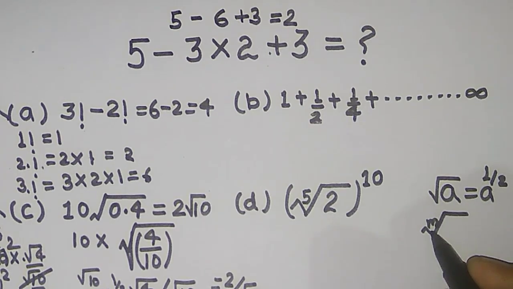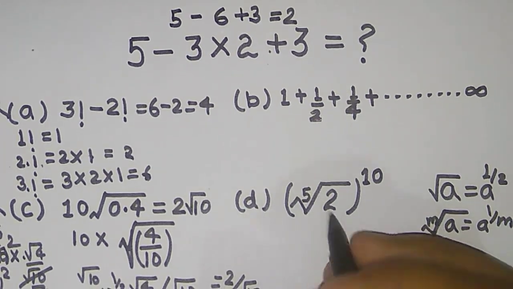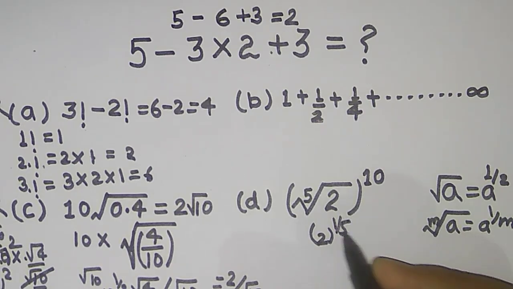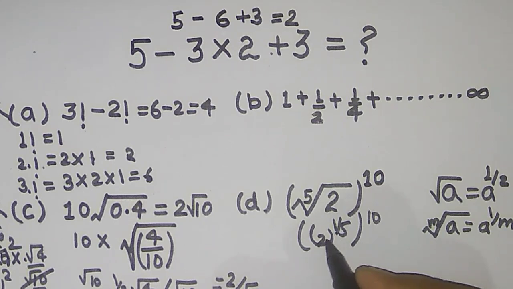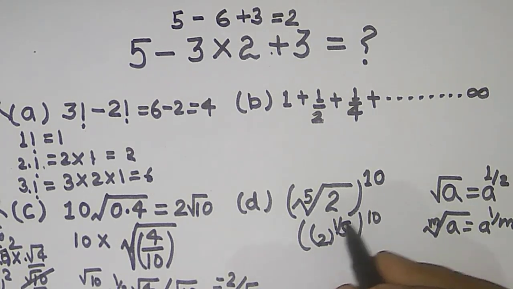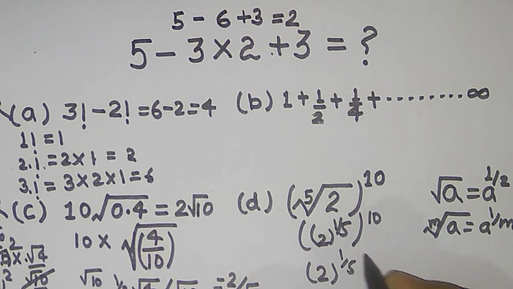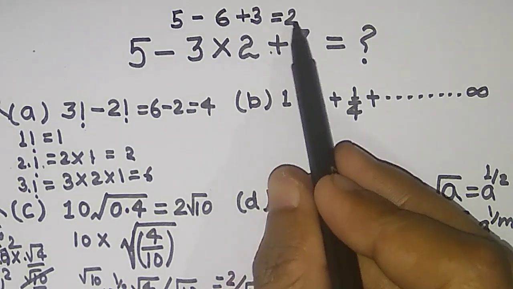When m is given, it means a to the power 1 by m. So here 5 is given, so it will be 2 to the power 1 by 5, to the whole power 10. When it is given like this, the powers are multiplied. So 2 to the power 1 by 5 into 10, that is 2 to the power 2. It will be equal to 4. And we know our answer is 2.